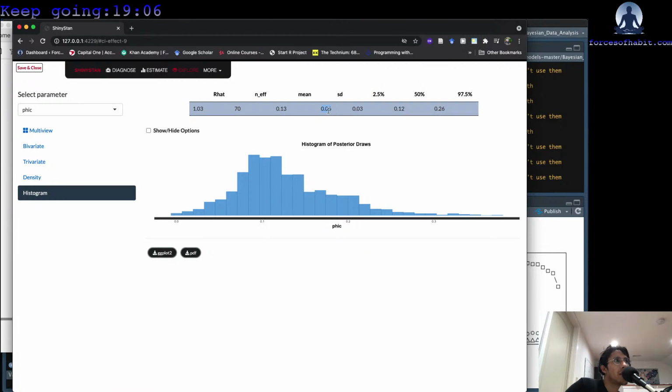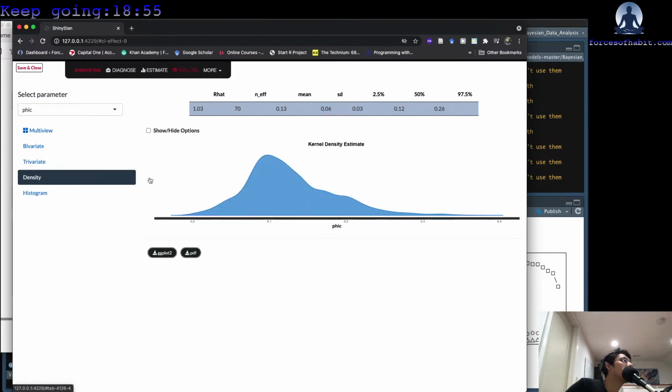Average is 6%, with a high of 26%. So we had an average 6% of contaminant subjects, but most of it is around 6 to 10%, it looks like.